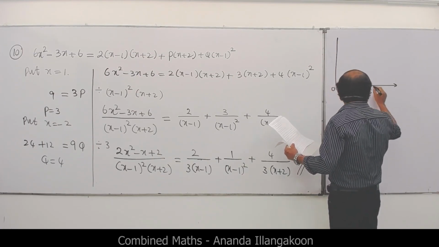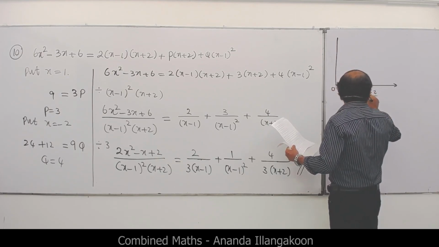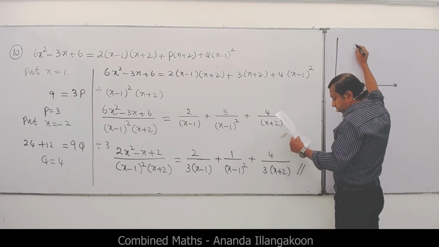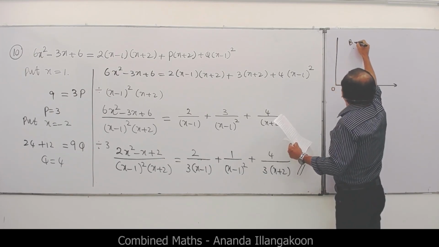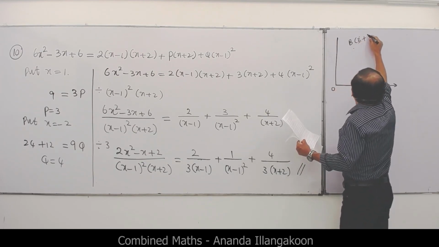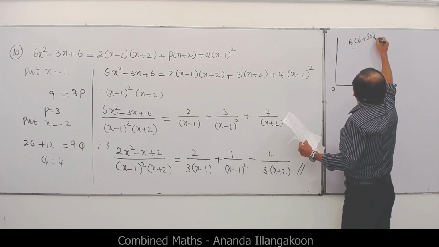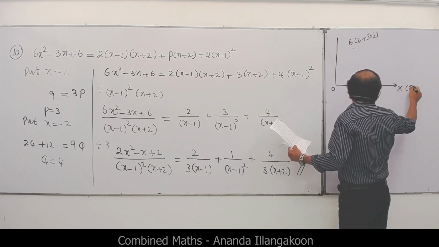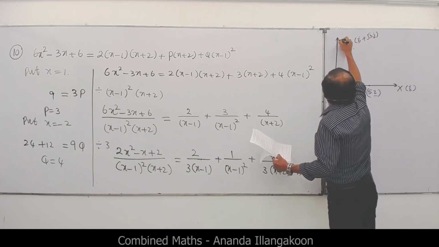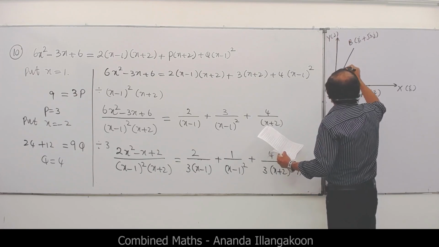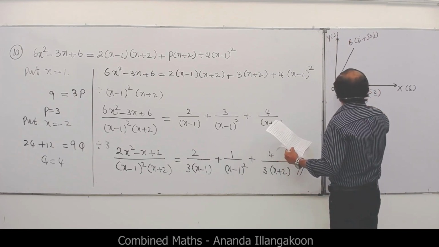This point is A. B here we have. B has the position vector i plus root 3j. This is the x-axis, along that unit vector is i. Y-axis, along that unit vector is j. Then we have OA and OB like this.